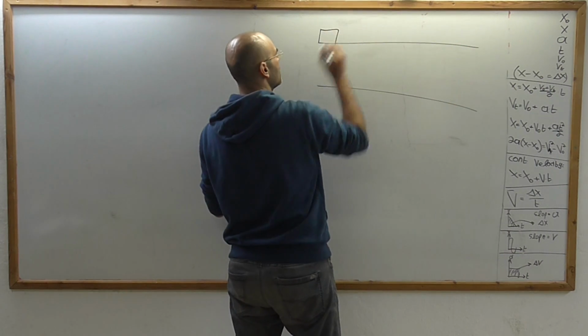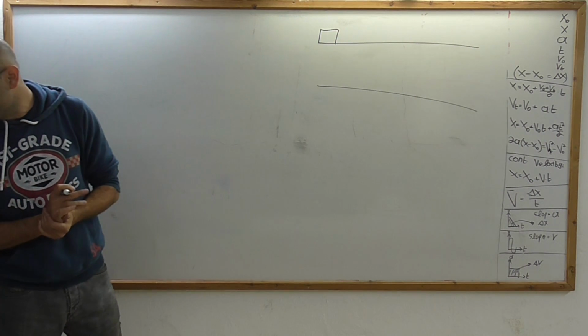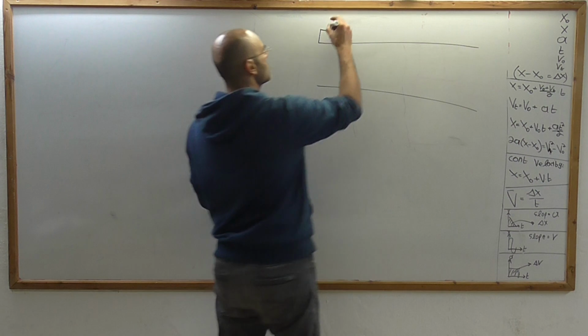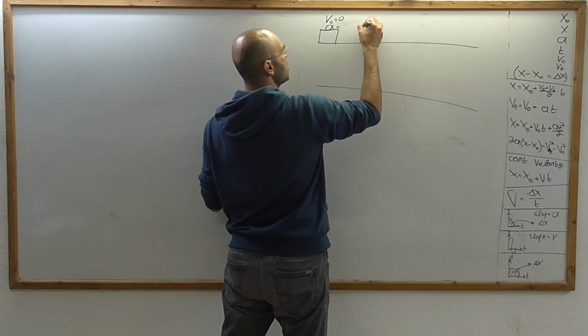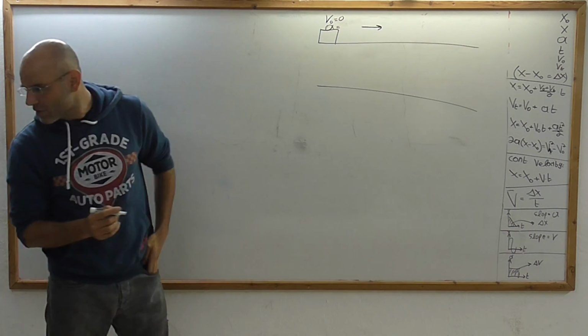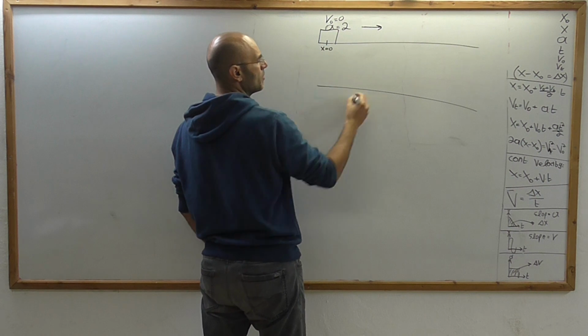Let's say I have a vehicle here. I'll put numbers in order to be good numbers. V0 is 0 and it accelerates in this direction with acceleration of 5. Let's say this is x equals 0.